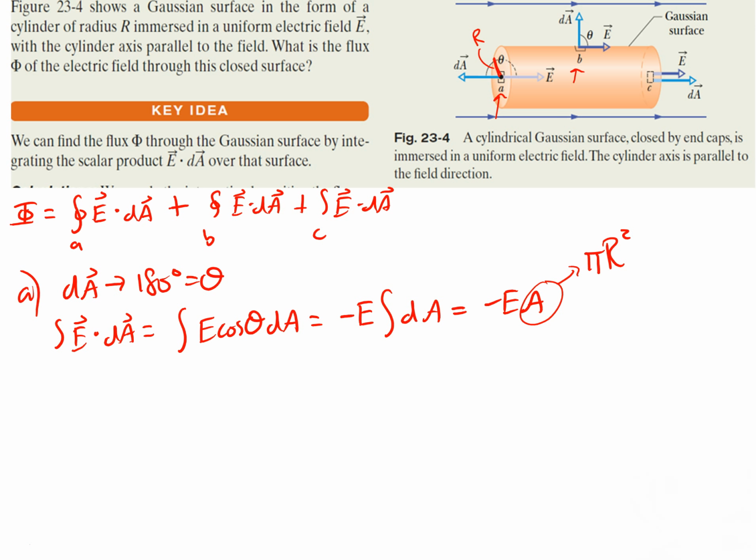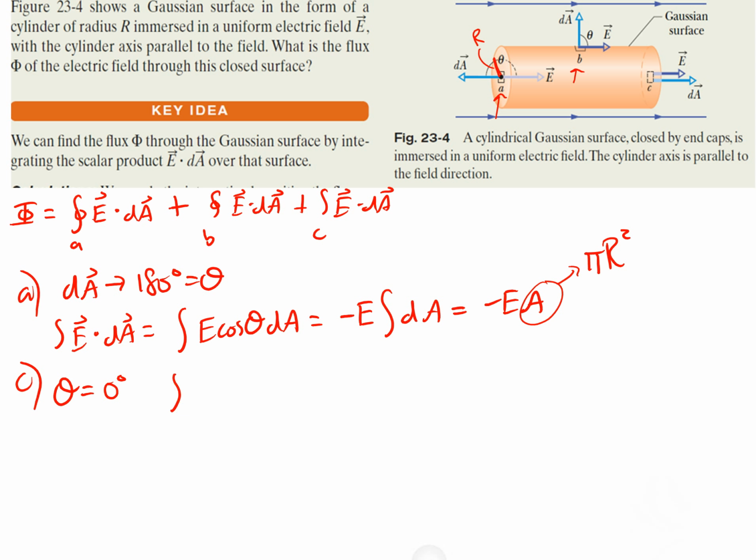Okay. So now if we look at C, which is the other face, look at C. Okay, now in this case, theta is going to be equal to 0 because the angle between our electric field and our area vector is 0. They're both going in the same direction. All right, so this is going to be very similar.